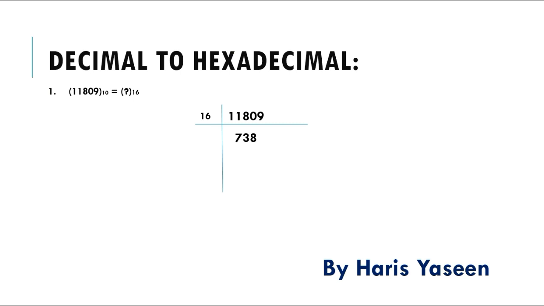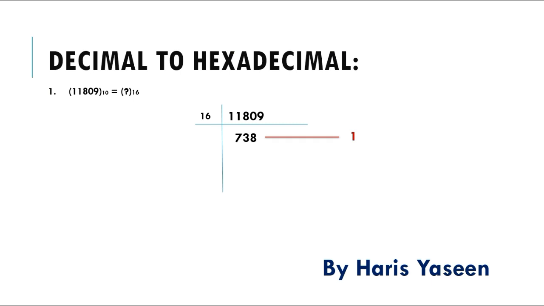So 12 concatenated with 9 is 129. This time 16 multiplied by 8 is 128. So 129 minus 128, the remainder is 1. The first remainder we get is 1, and here the 1 is the least significant bit.